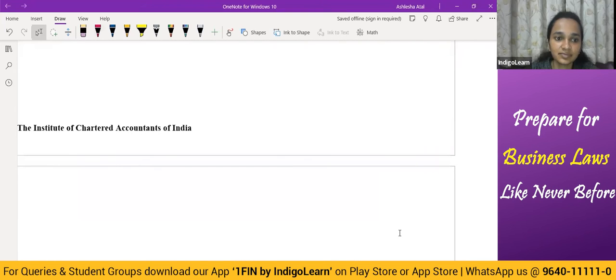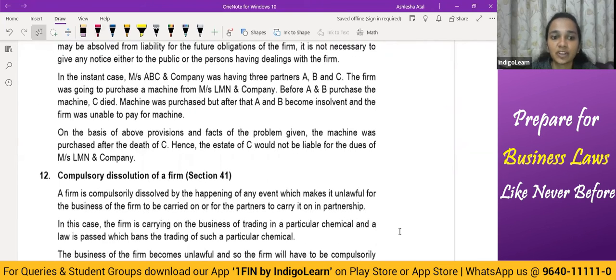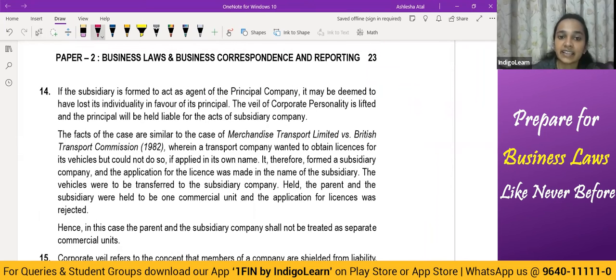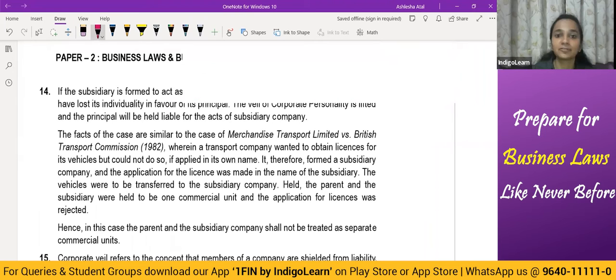This is a case study which is completely based on the case law. So if the subsidiary is formed to act as an agent of the principal company, it may be deemed to have lost its individuality in favor of principal, and the veil of corporate personality is lifted, and principal will be held liable for the acts of the subsidiary. So the facts of the case are similar to the case of Mercantile Transport Limited versus British Transport Commission, wherein a transport company wanted to obtain licenses on vehicles but could not do so when applied in its own name.